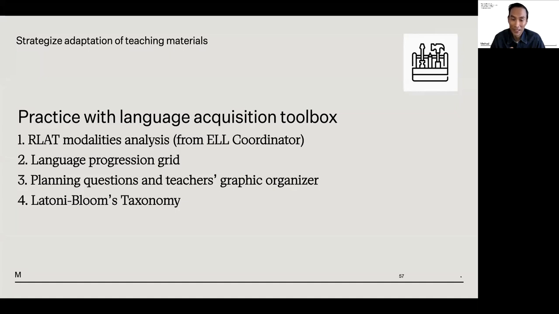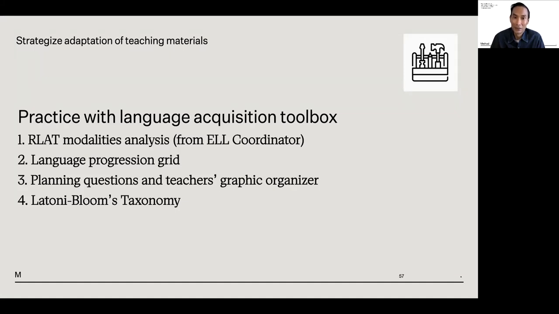Number two is the progression grids. There are many out there. Just select one that you like to use. They come in many forms, more complex and easier to understand. So pick one that you like and use that. Number three, use the planning questions and the teacher graphic organizer so that you can get familiar with how to go step by step in creating a language objective.